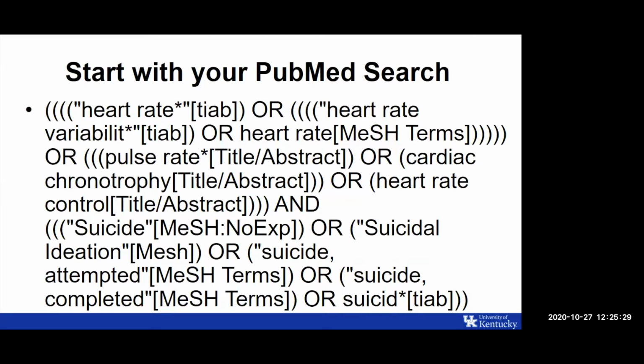It would include the terms below the word suicide in the tree. And there was a reason for that. There was one term they didn't want to include. So we had to include these other terms below the tree: suicidal ideation, suicide attempted, suicide completed. And then we have our suicide assisted or suicide with the truncation in the TIAB, which is the title abstract.